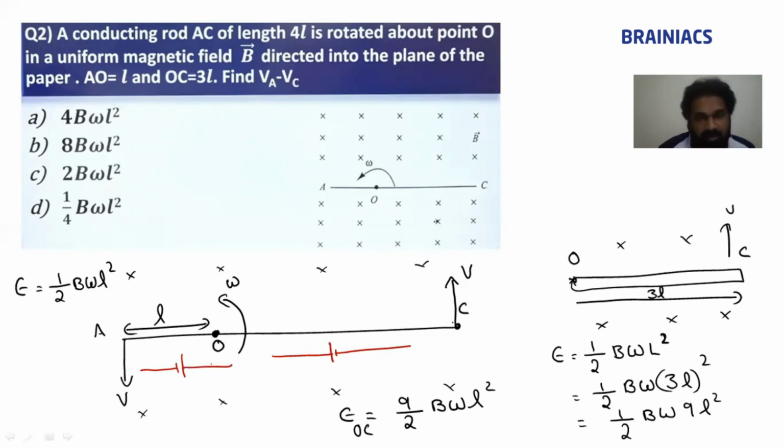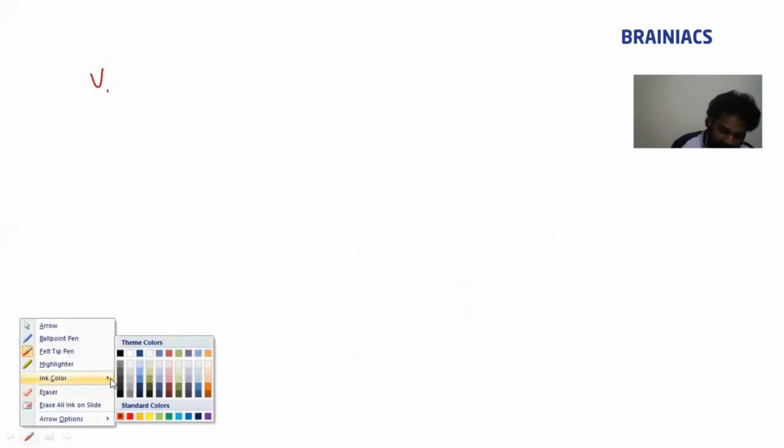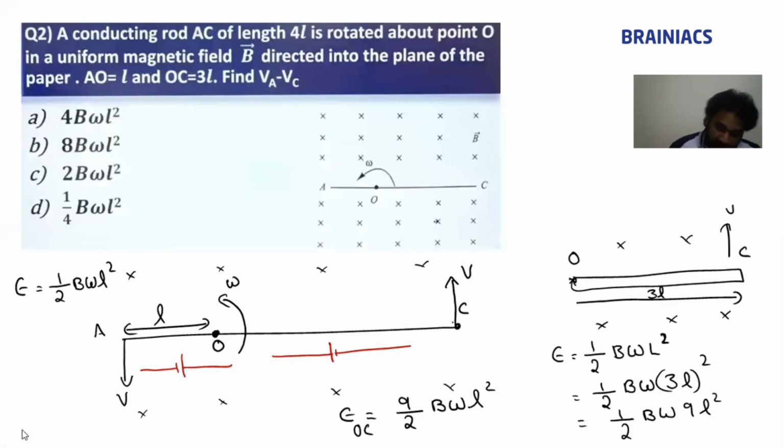So what is the question? VA minus VC. We have found VO minus VC, or VC minus VO, and VO minus VA. All these things we have found.